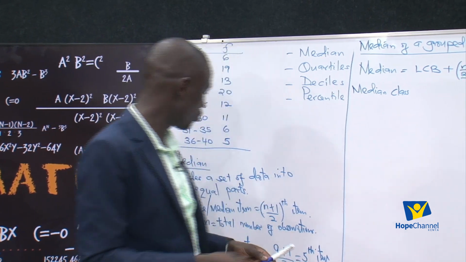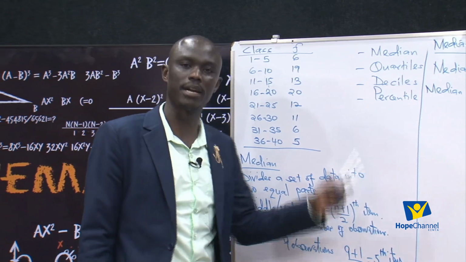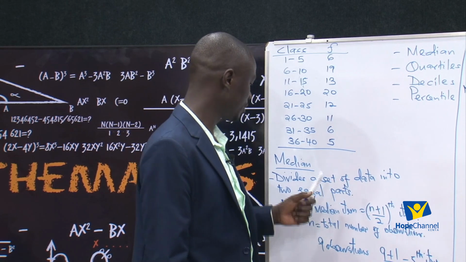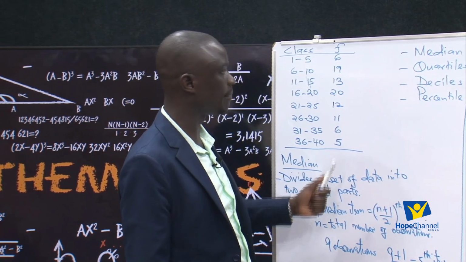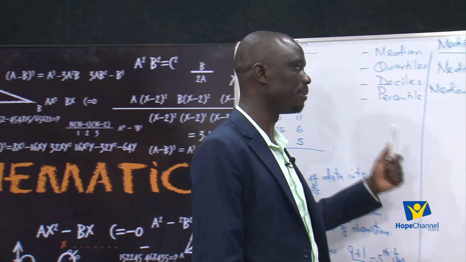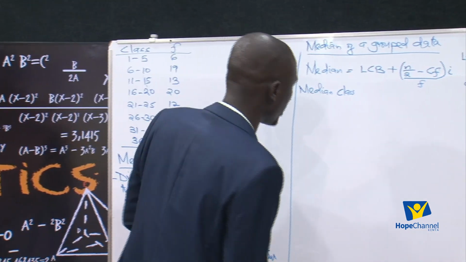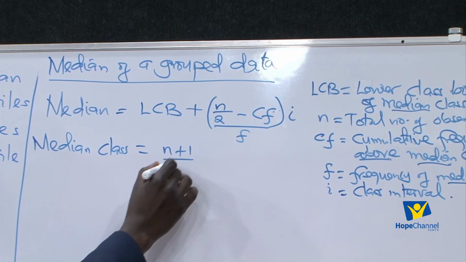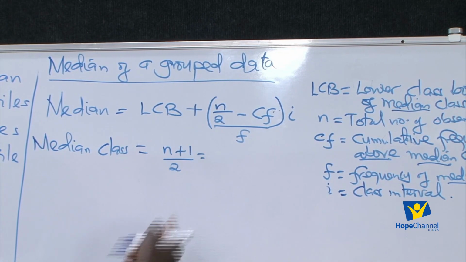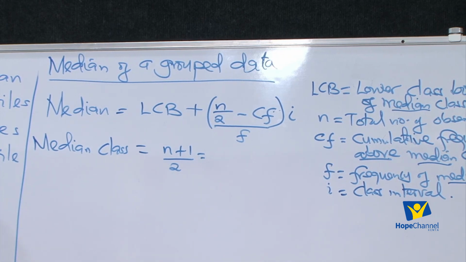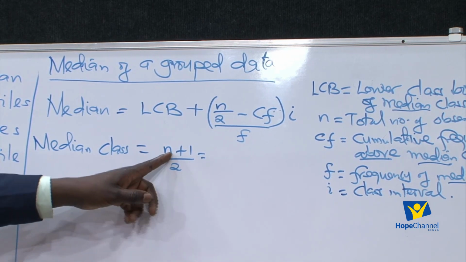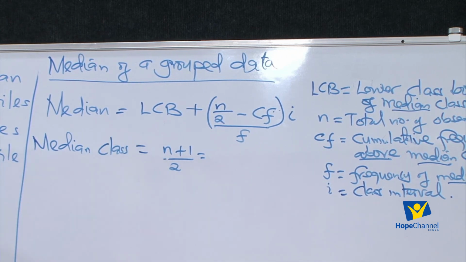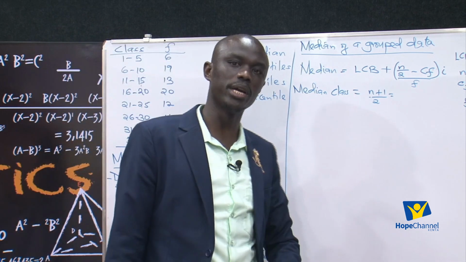As always, we need to get the median item first. So how do we get the median item? We say n plus 1 divided by 2 will give us the median item. So we need to calculate the total frequency. How are we going to get the total frequency?